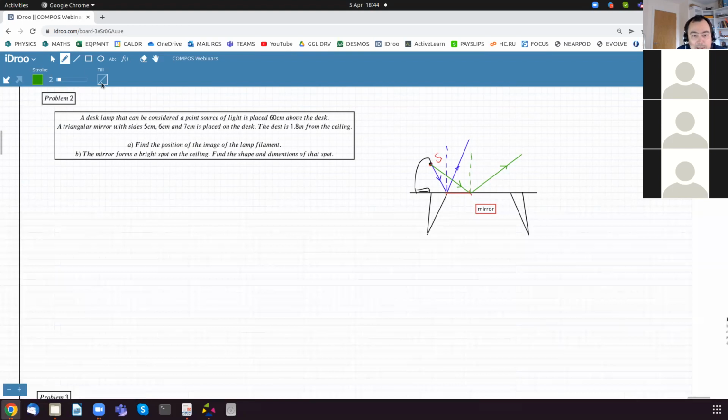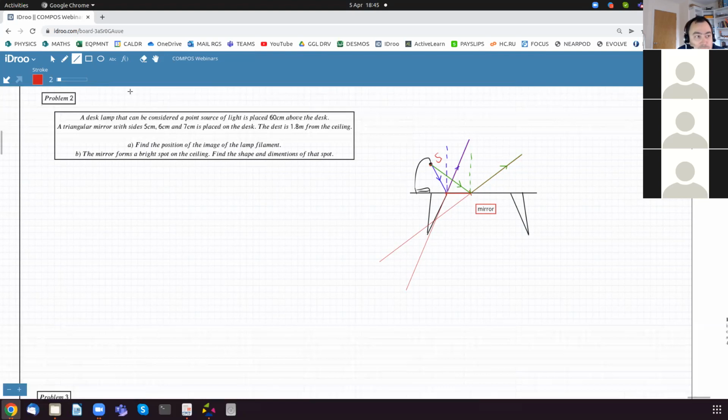And then you continue the rays until you have an intersection. So continue the ray like this, and you continue the ray like this. And this is where the position of the image is.